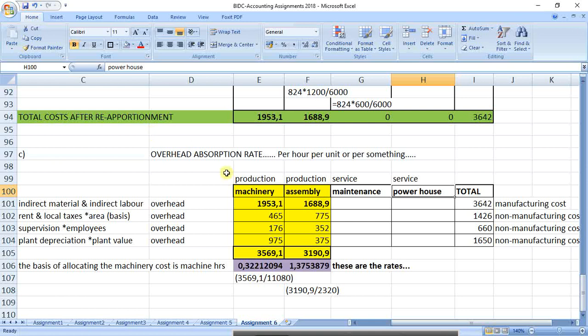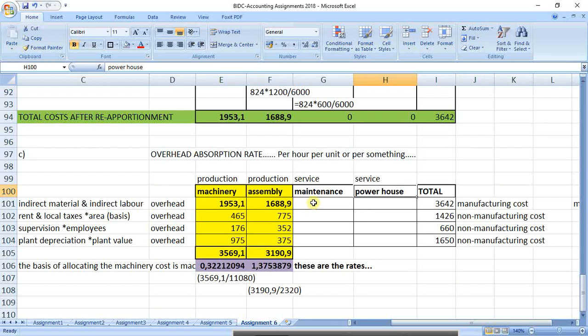So is that C complete? Yes. Okay. Yeah, so all the overheads need to be absorbed, and they're going to be absorbed based on the number of machine hours, because machinery will be operating for a certain amount of time, and so will the assembly.